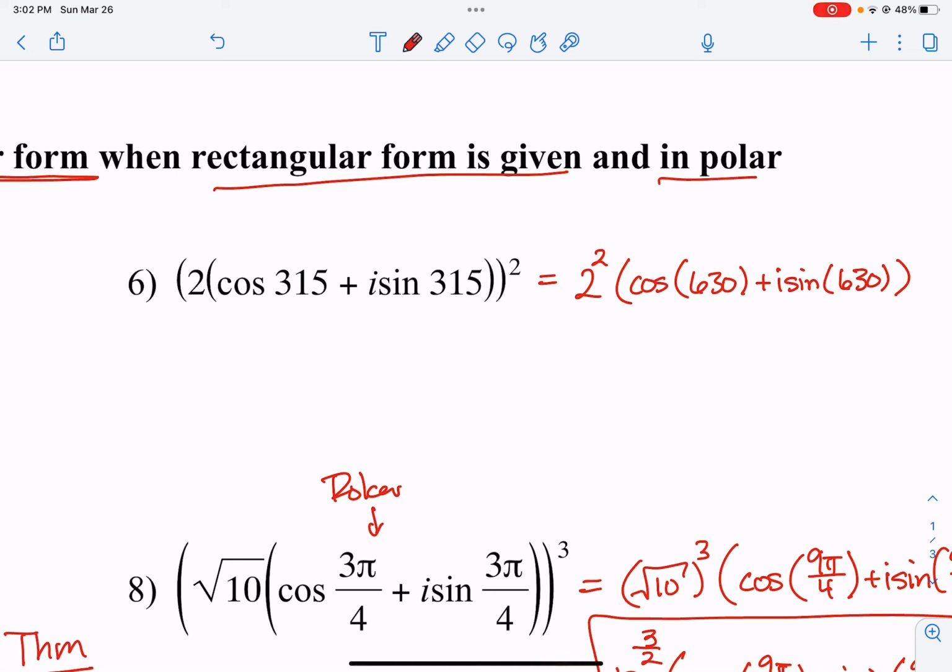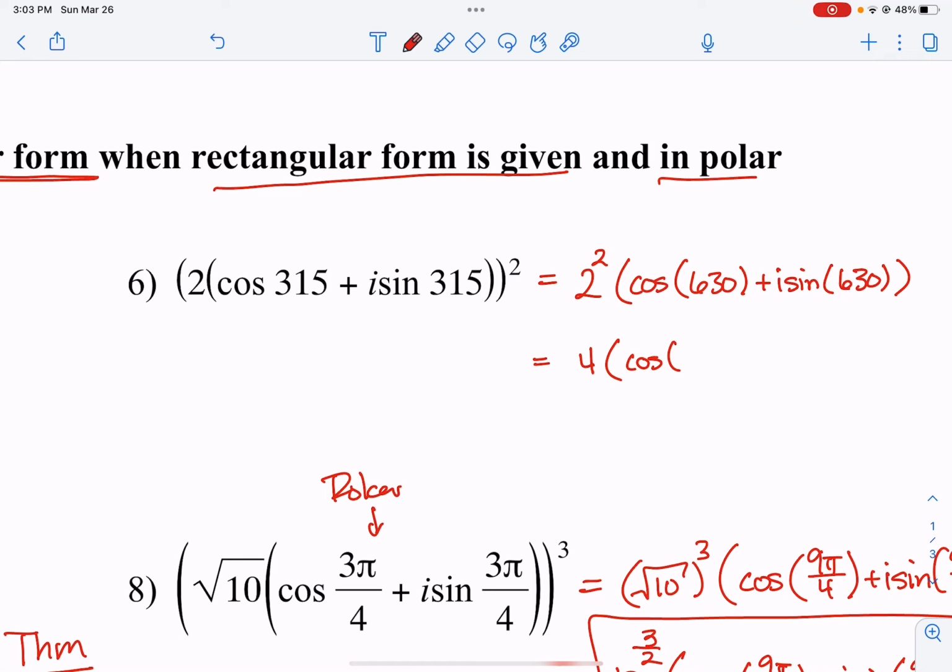And we want to make sure the angles inside of cosine and sine for the polar form are less than 360 or less than 2 pi, depending on if you're in radian or degree mode. So in the front here, we're going to have 4.